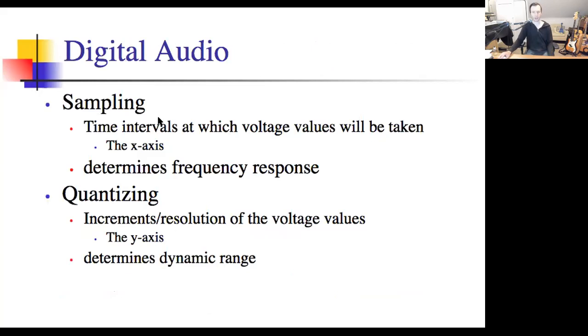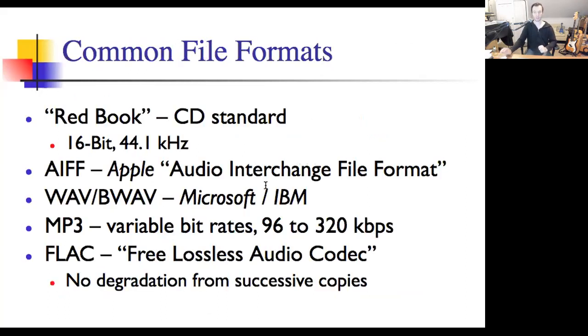So in digital audio, we have sampling, as I mentioned, on that x-axis, and we have quantization or bit depth on the y-axis. And that determines our dynamic range for the quantization, and the sampling determines our frequency response, according to the Nyquist theorem. I don't know that this is actually that important to the entire slide here, but the top part I do want to draw your attention to. Red Book standard is the CD standard, and that is 16-bit 44.1.